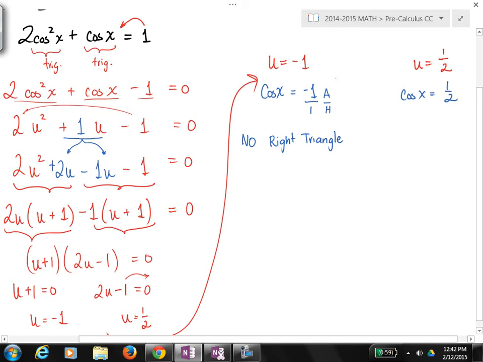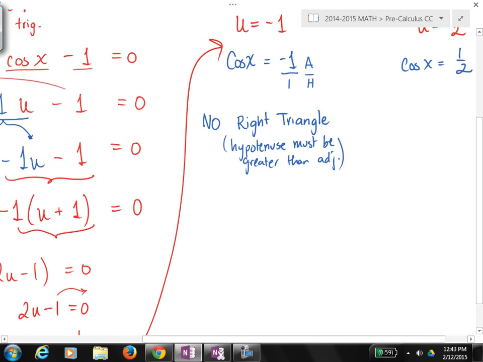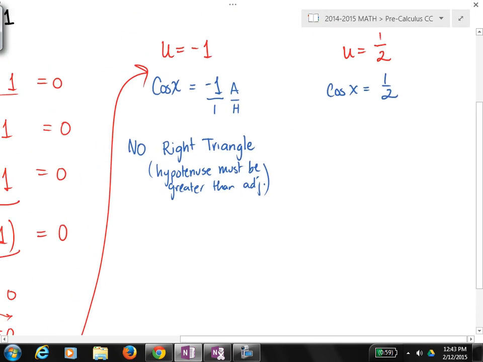And again, you can make a note, the hypotenuse must be greater than the adjacent. It should actually be the biggest side. So you cannot have the adjacent be the same as the hypotenuse.